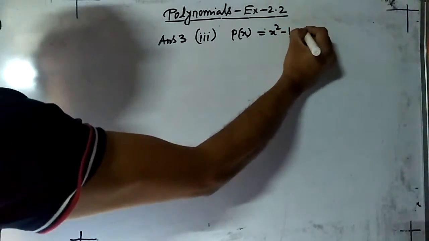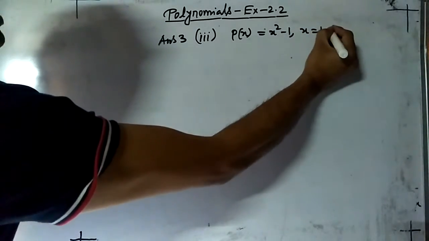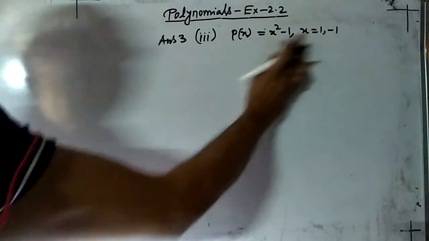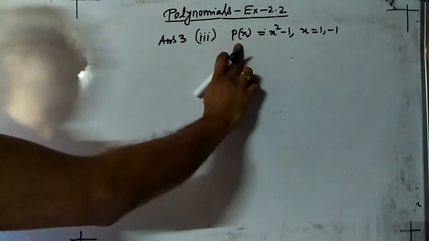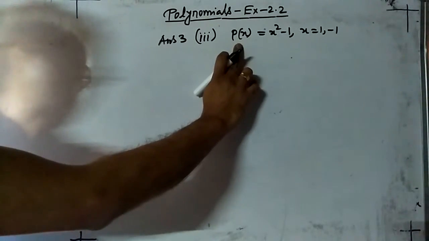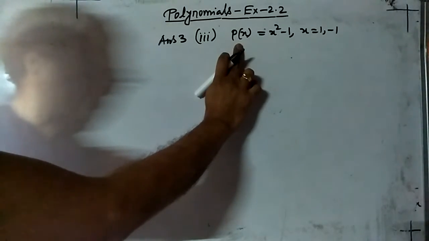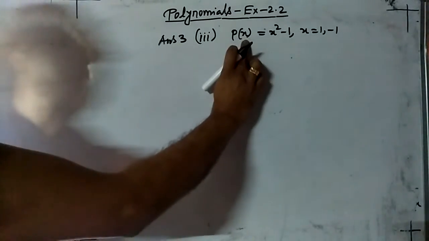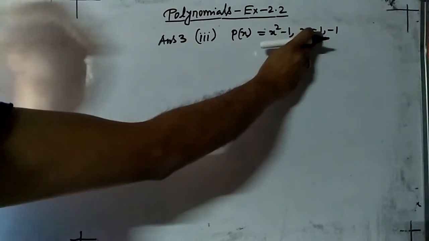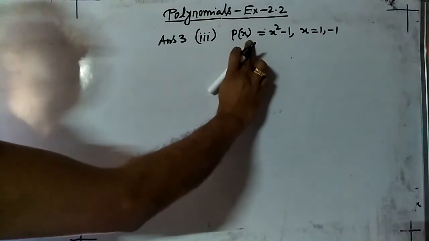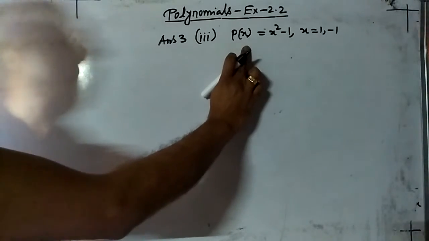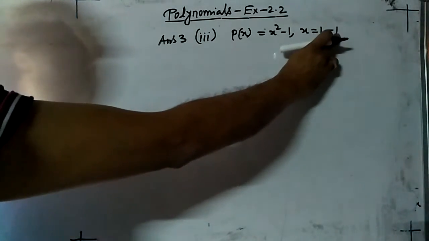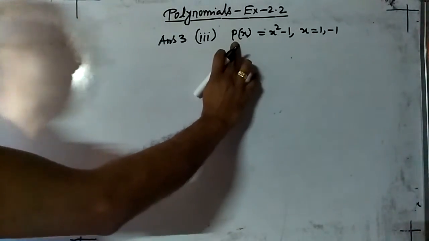We have to check whether x equals 1 and minus 1, these two numbers, are zeros of p(x) or not. We know the definition of zero of a polynomial is if p(c) equals 0. That means if p(1) is 0, then we can say x equals 1 is a zero of p(x), or if we get p(minus 1) equals 0, then we can say that x equals minus 1 is a zero of p(x).